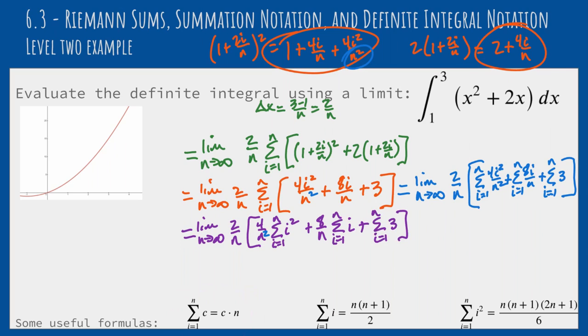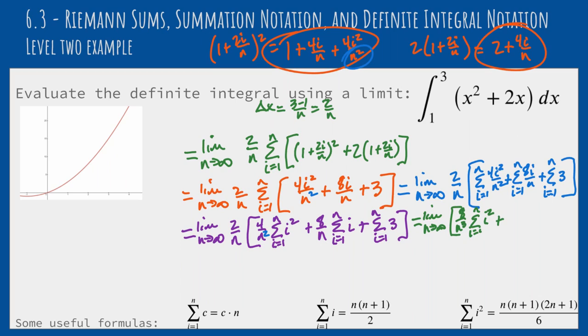Okay, now I'm going to distribute this 2 over n here. So I'm going to multiply that by each of the coefficients. So we get the limit as n approaches infinity of 8 over n cubed, sum from i equals 1 to n of i squared.